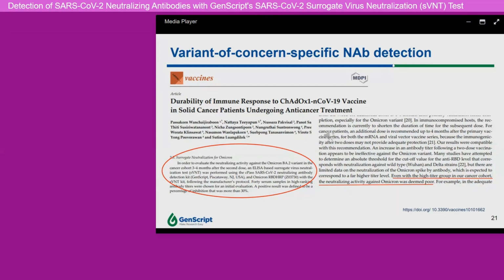In addition, they used the GenScript sVNT and Omicron RBD HRP to evaluate the ability of these patients to neutralize the Omicron variant. Their findings for this case was that the neutralization ability was deemed poor even in those considered to generate a high titer.